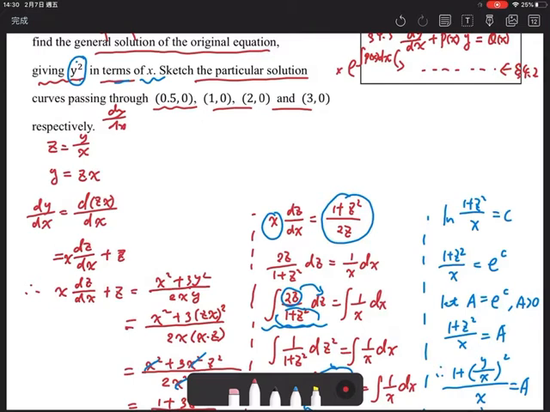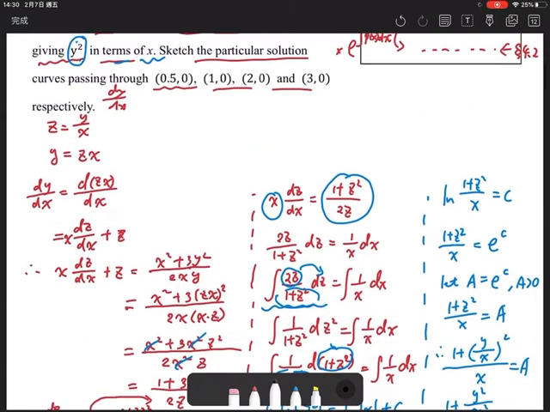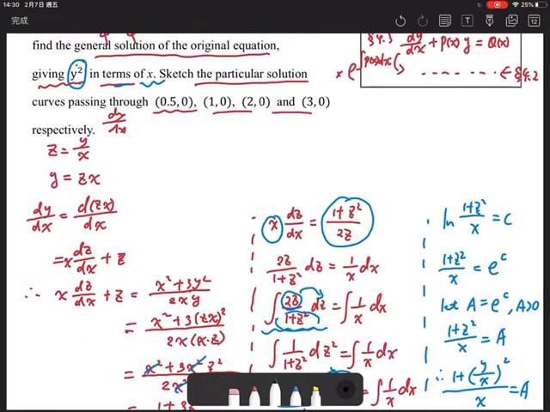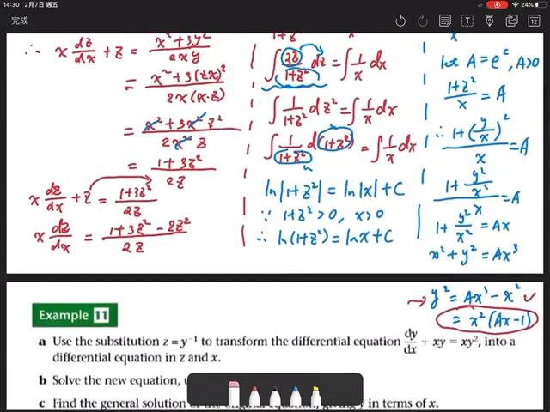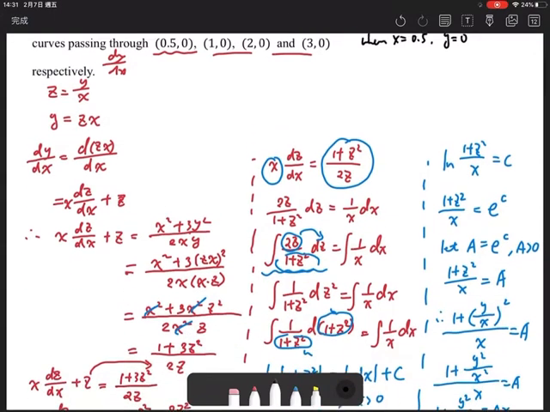And one more thing, the question requires us to sketch the particular solution curves passing through the following points. It means that if you do substitution, then you can find the specific solution, for example, when x equals 0.5, y is 0.